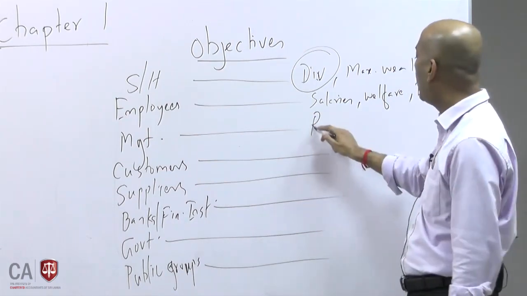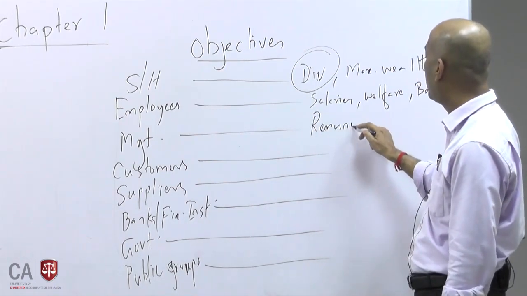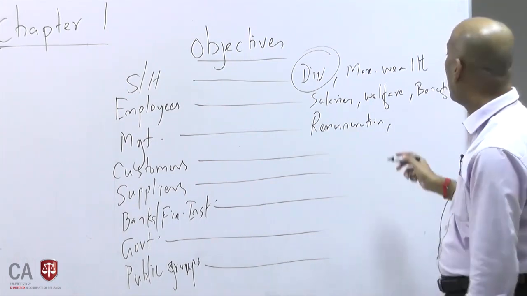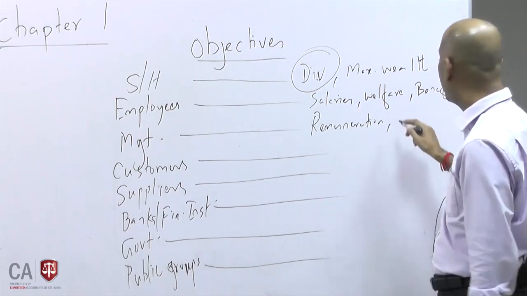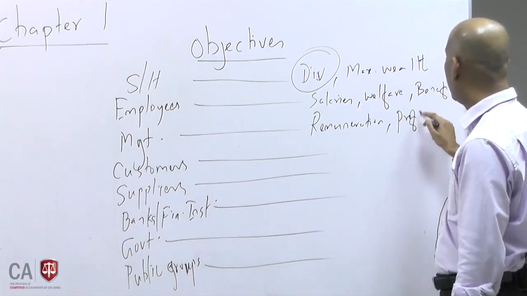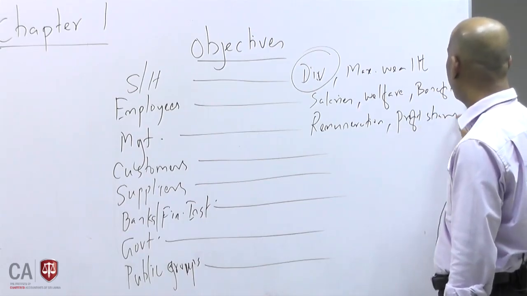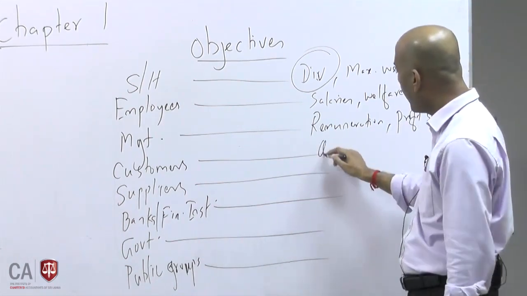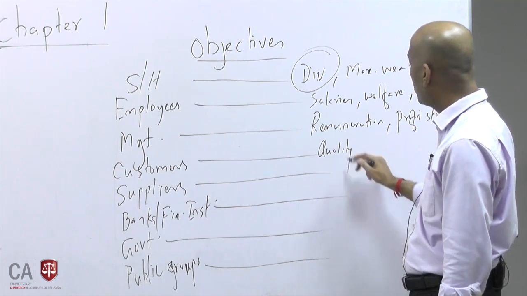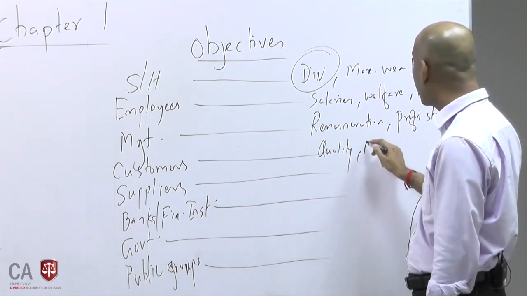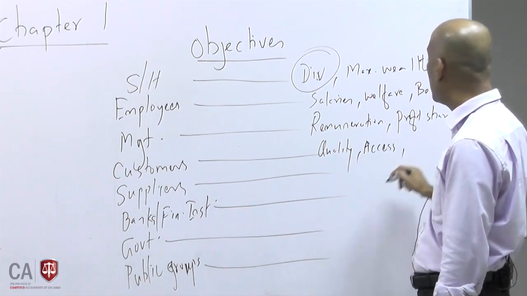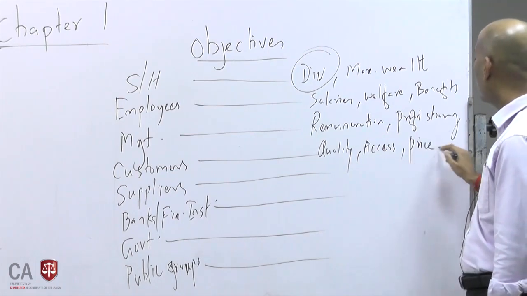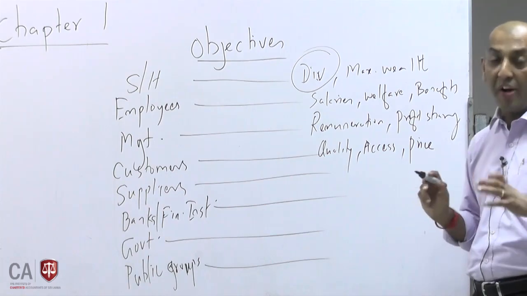Management, again, they are interested, or the objective could be remuneration, a good package. And they are sometimes interested in profit sharing. Then customers always want a good quality product, and accessible. They want access to their products and services, and they want the goods at a reasonable price, a fair price.